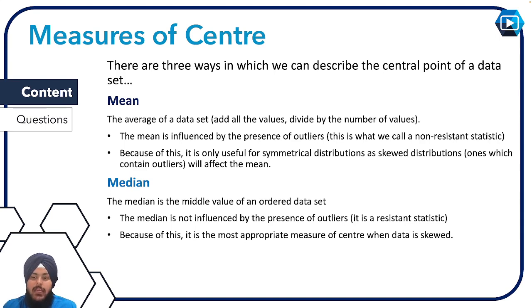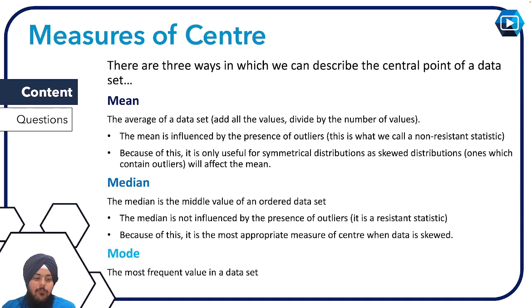The value of the outlier doesn't really impact what the median is going to be. So we term it a resistant statistic, resistant to the presence of outliers. Because of this, the median can be used as a great measure of center for all types of distributions, even when they are skewed.